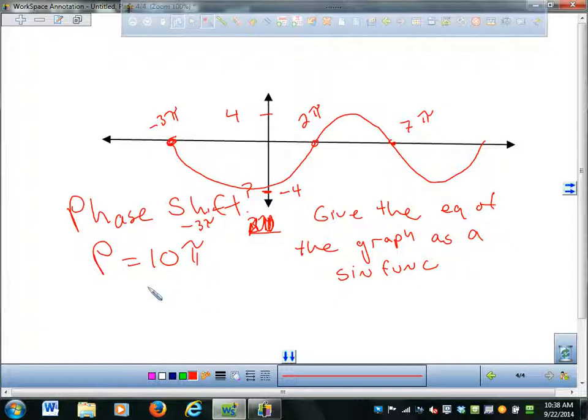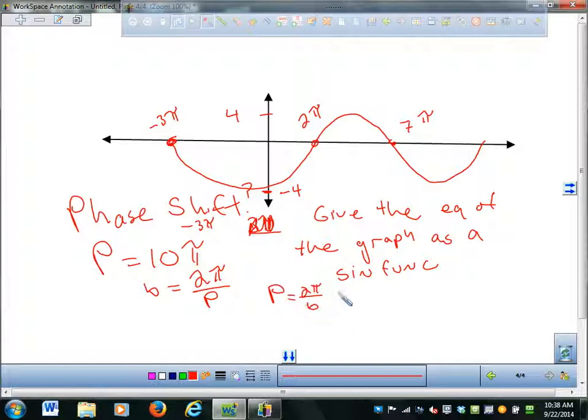So if I want to write this, first I have to find b, which is what actually goes into the equation. So what's b in this case? Negative 4. Oh, wait, no, that's a. B is 2 pi over the period, because I know that the period is 2 pi divided by b.